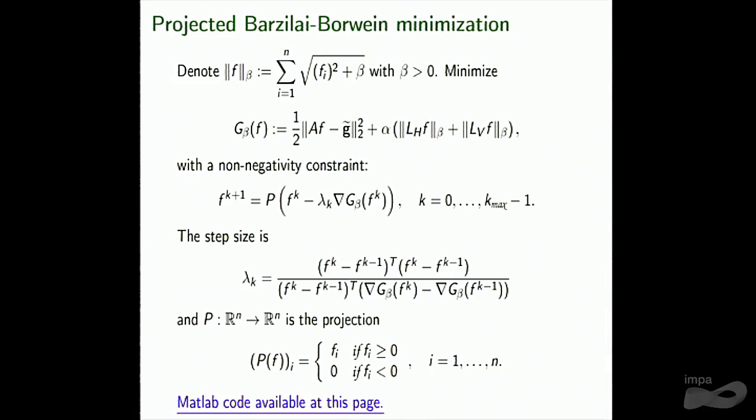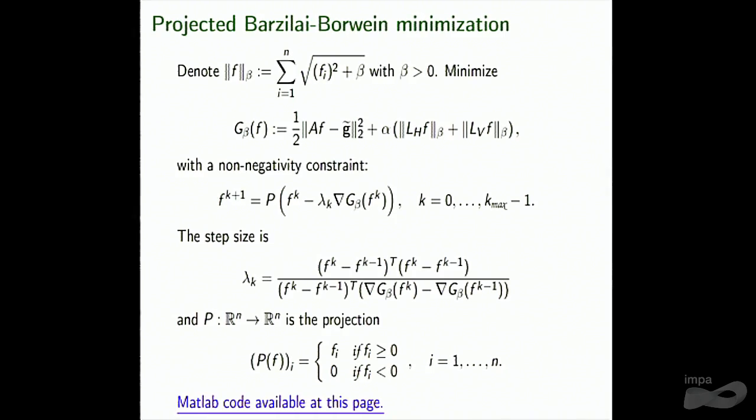So if f is in R^n, we don't need anything of size n squared, just size n things. Then there is, of course, the problem that the total variation penalty functional is not differentiable. It contains the absolute value function, so it's not differentiable.